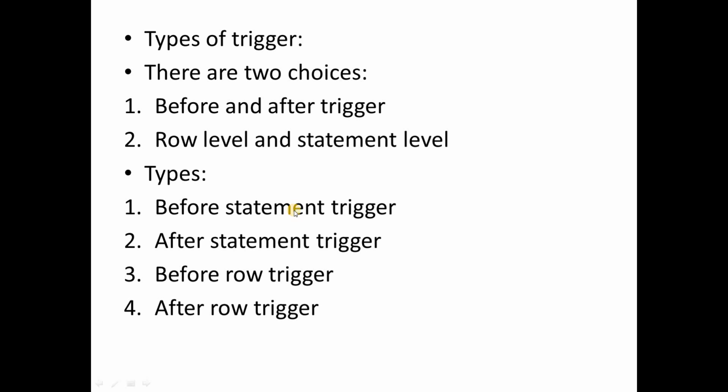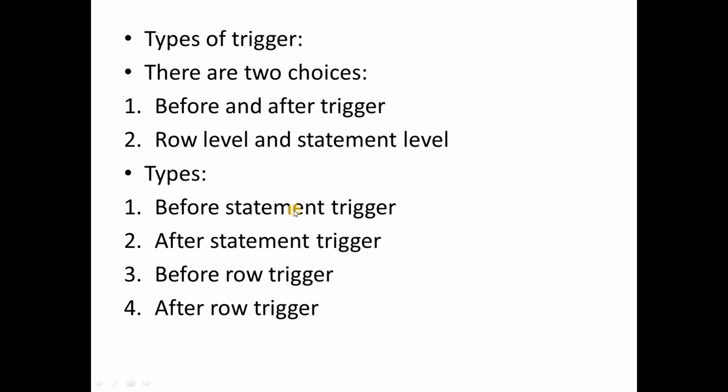The first is before statement trigger. This before statement trigger executes only once, before the execution of your SQL statement. The trigger will be fired before the statement, and that is known as before statement trigger. After statement trigger is also executed only once, after the execution of your SQL statement.